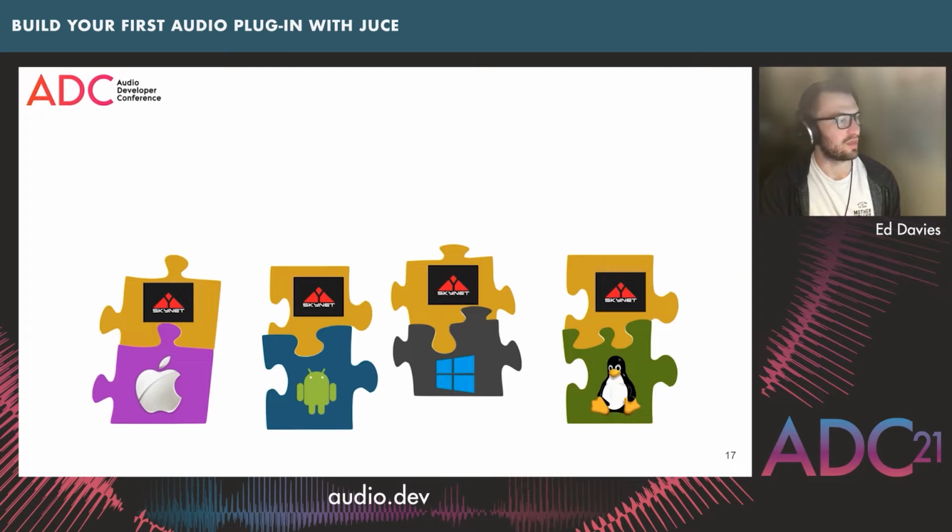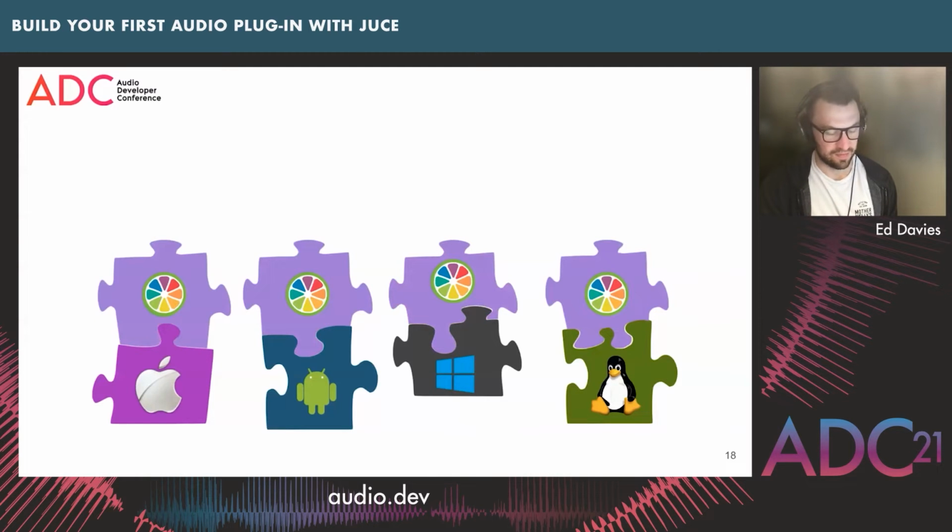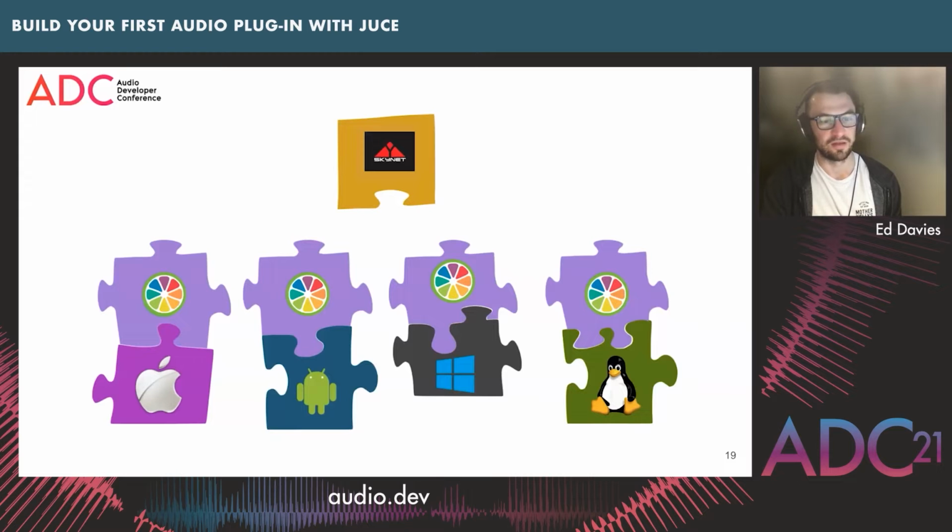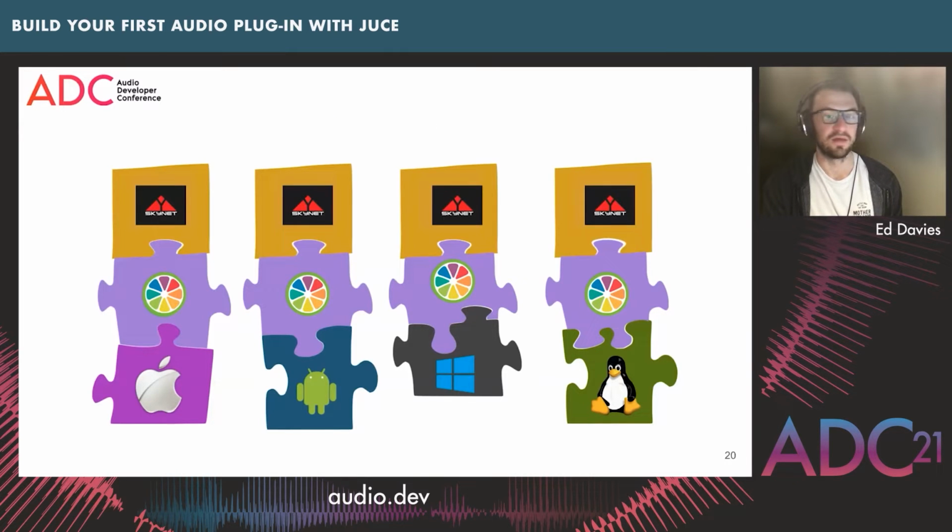And JUCE is great in that it abstracts away a lot of these complexities. So we deal with all of the underlying native operating system API calls. We deal with all the complexity and the hassle of updates, deprecations, and so on. And when it comes to writing your application, you just have to write a single application using JUCE, and it will work nicely on all these platforms.